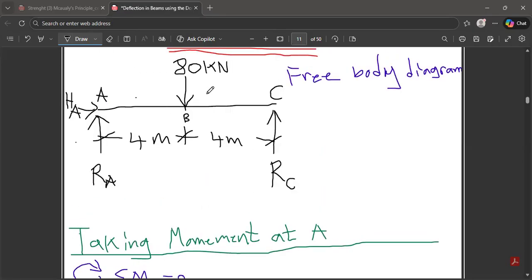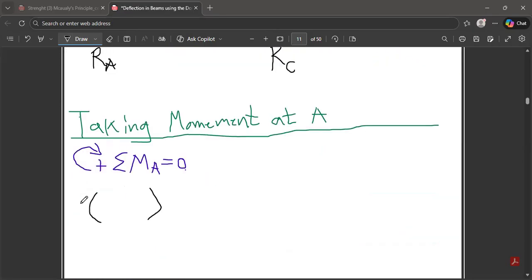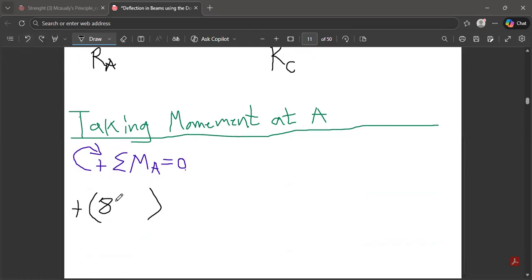The 80 is going to take a clockwise moment, so it's going to be positive. So we are going to multiply 80 kilonewton times 4. 80 times 4.